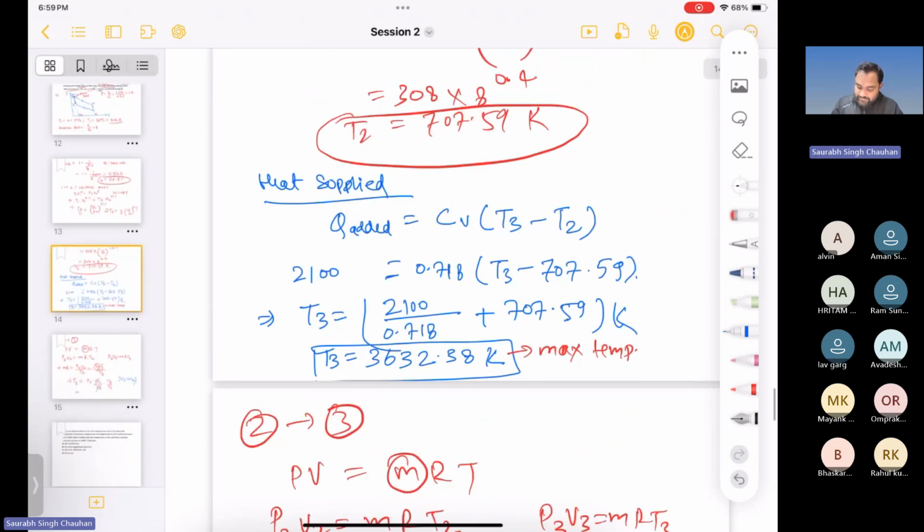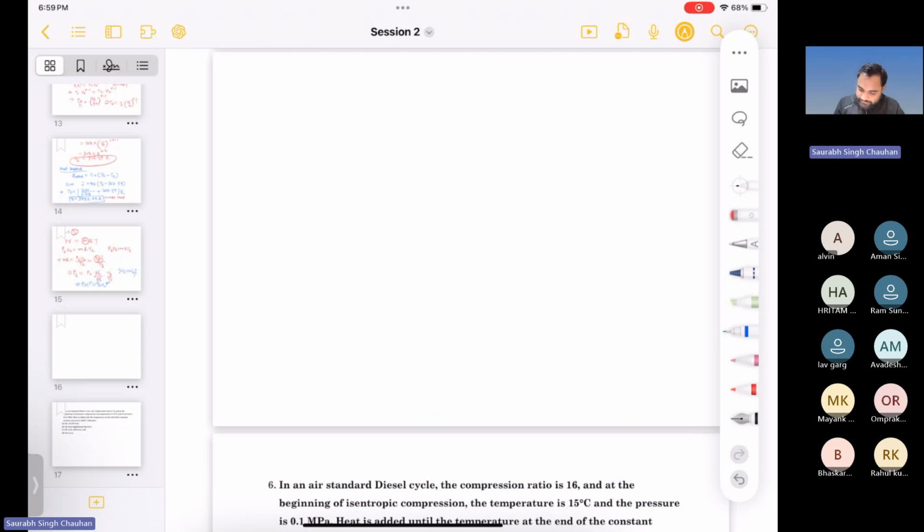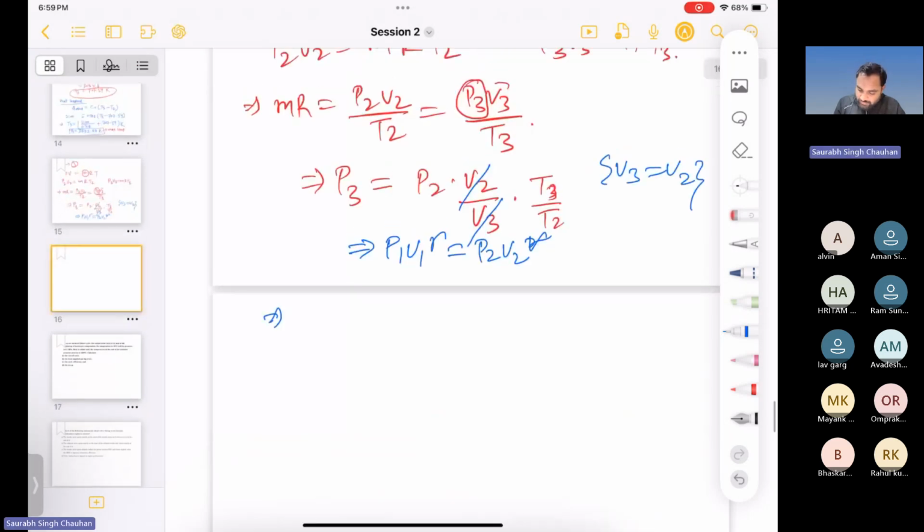From the adiabatic equation we can calculate P2, right? P1 V1 to the power gamma is equal to P2 V2 to the power gamma. So let us quickly find P2. P2 will be equal to P1 V1 to the power gamma divided by V2 to the power gamma. Correct? So P1 into V1 by V2 to the power gamma, and P1 is given as 0.1 megapascal.